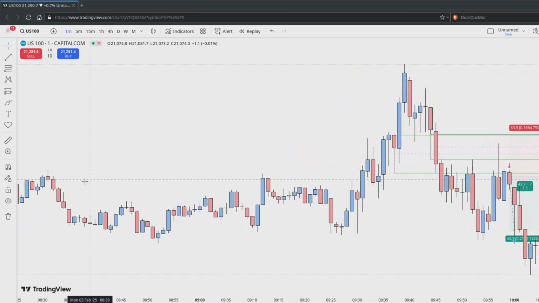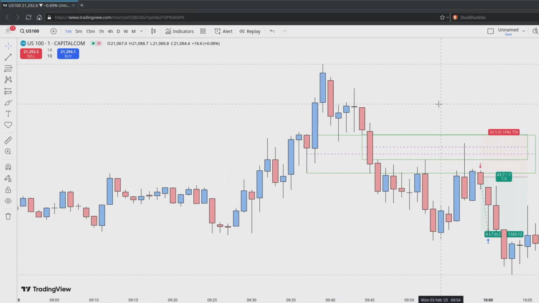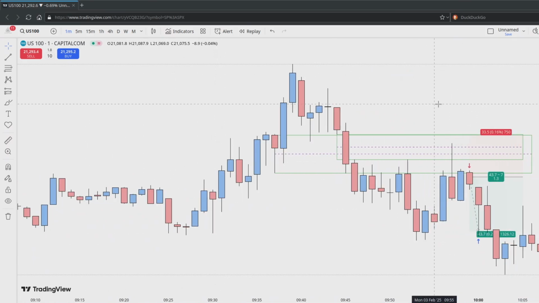because of the fact that number one, it's trading against the narrative, against that retrace back into that gap, which I want to see.